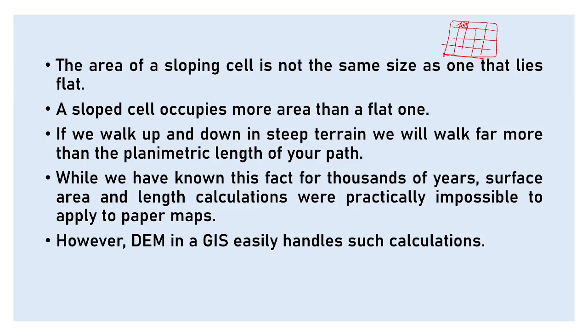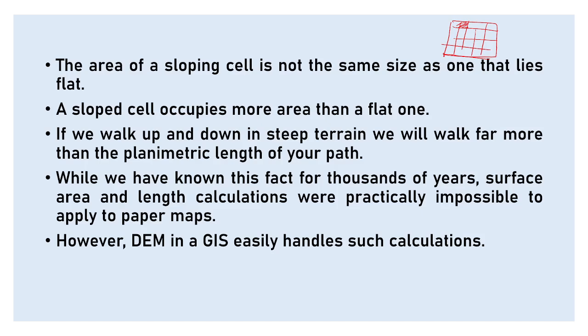For instance, if we walk up and down a steep terrain, we will walk far more than the planimetric length of our path. Because you're going up and down, that area coverage is more. It's not like you're walking on a flat surface, right? While we have known this fact for thousands of years, when you actually do it, you know that it's not the same.